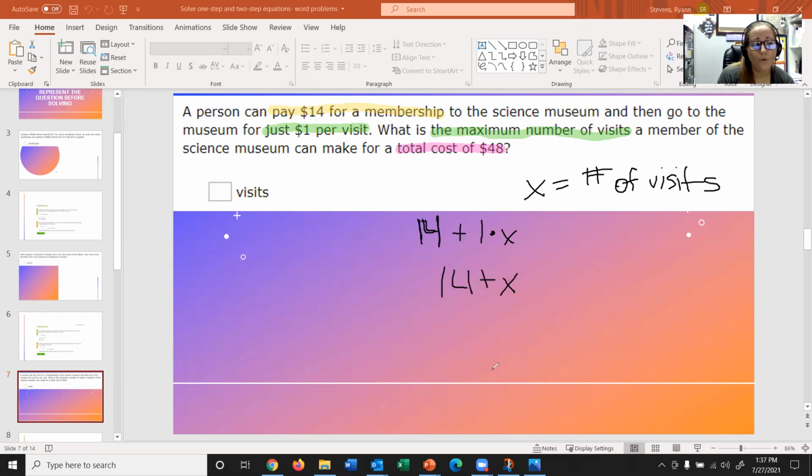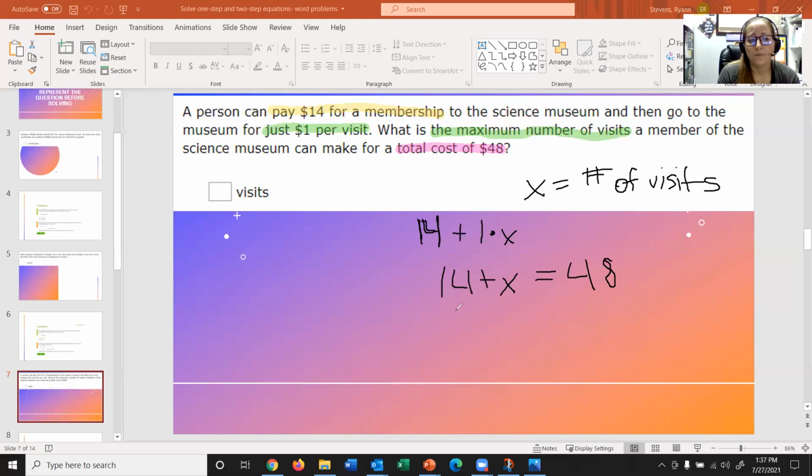And then the total cost that we're going to set this equal to is going to be 48, because that's the total amount that this person wants to pay. Doesn't want to pay more than $48. So we want to see how many visits this person can take with this set amount.